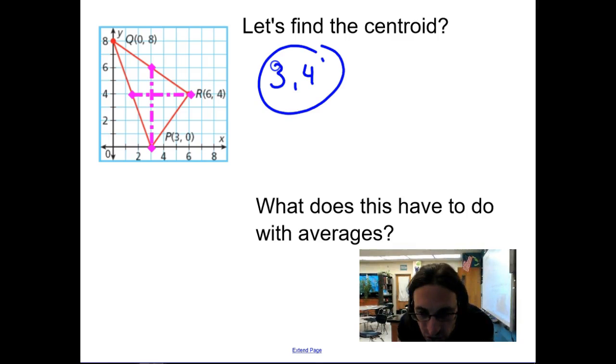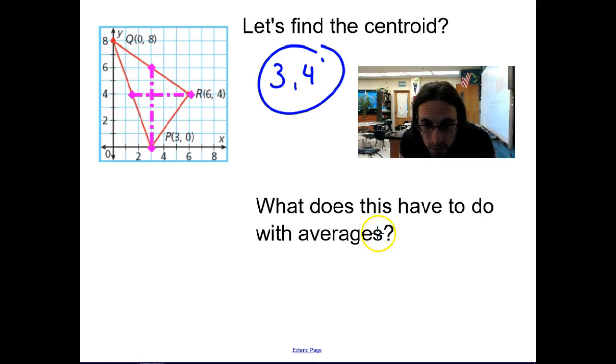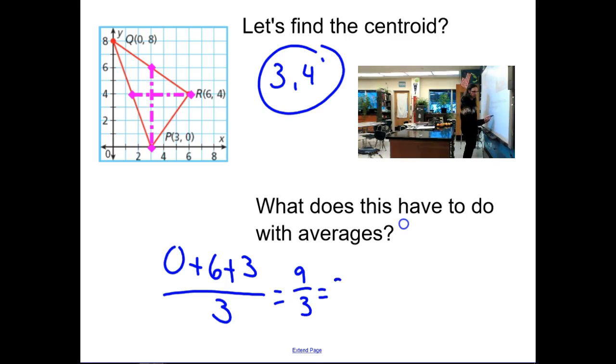Now, what does this have to do with averages? Well, prepare to be blown away because this is what's so cool. Average the x-coordinates, average the y-coordinates. So my x-coordinates, when you look up here, I've got 0 plus 6 plus 3 divided by 3. That's 9 divided by 3. Of course, that's 3.